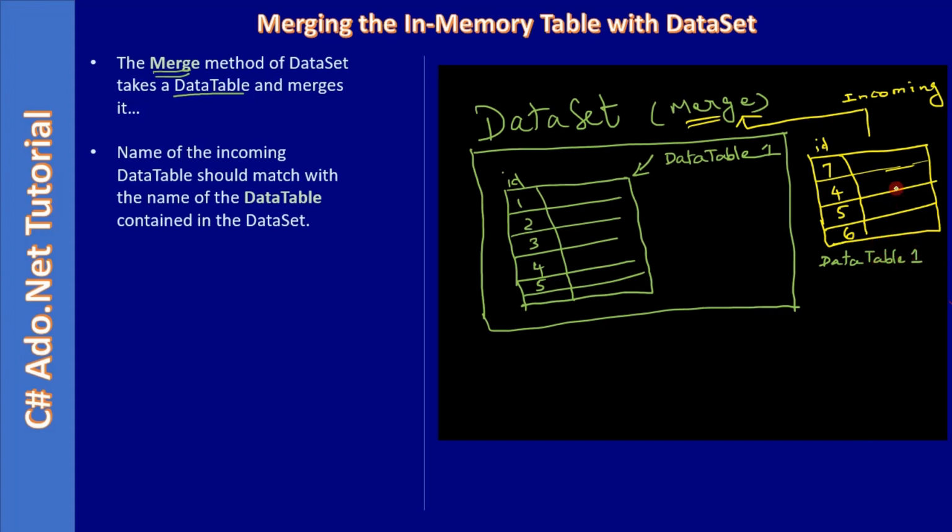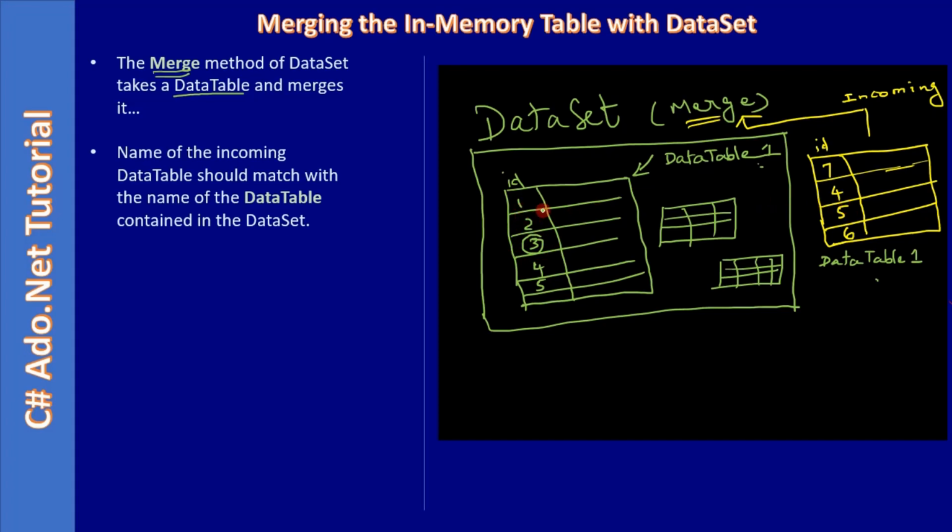So when this dataset contains multiple data tables, it knows where it should merge. Based on the data table name and incoming data table name, when these two names are matching, it will try to merge the incoming with the existing data table. And when it is merging, it will make use of the primary key.